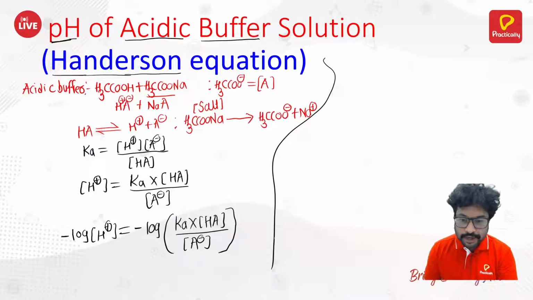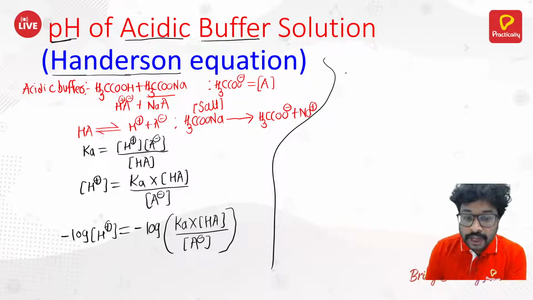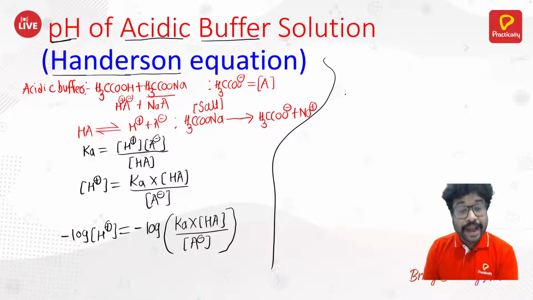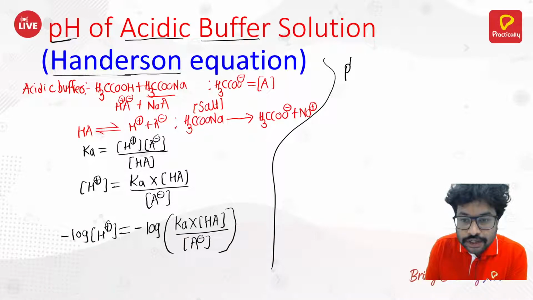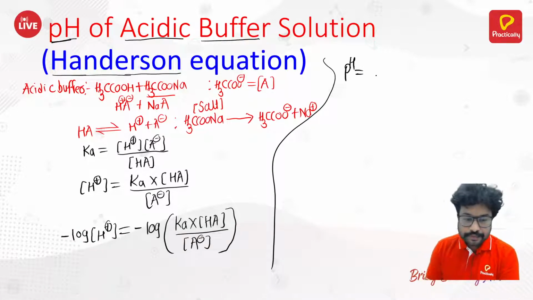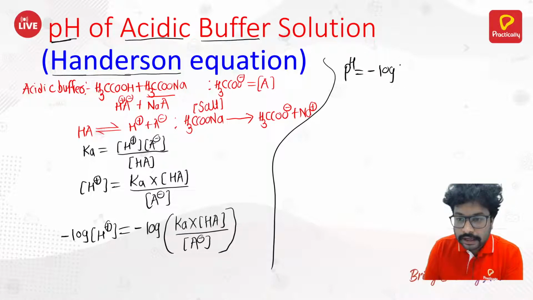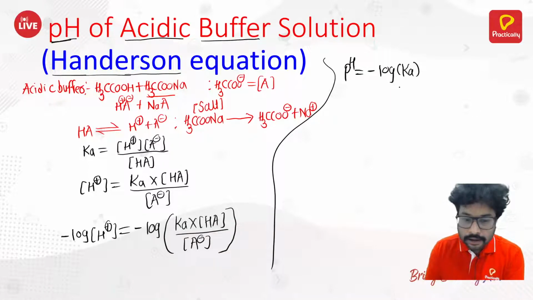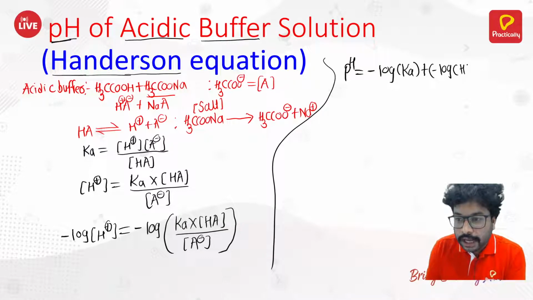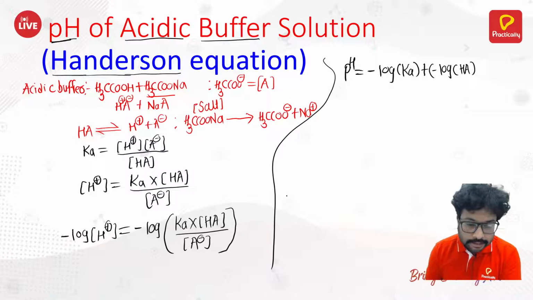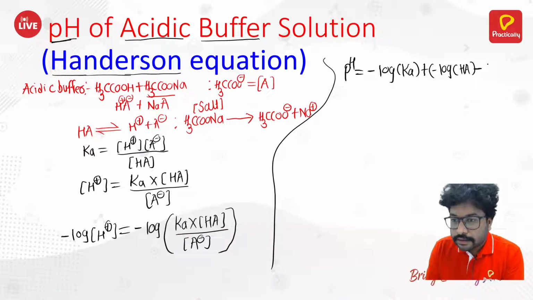So minus log of H plus is equal to your pH. Now minus log of Ka, plus, in brackets, minus log of HA, then minus log of A minus, right?